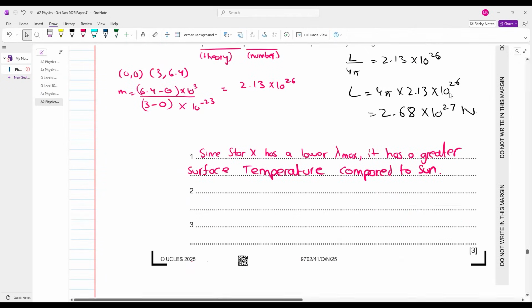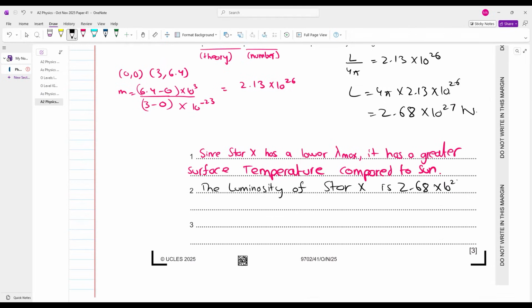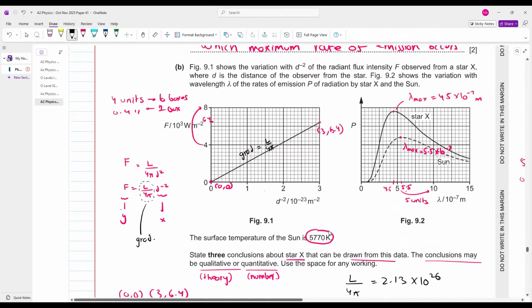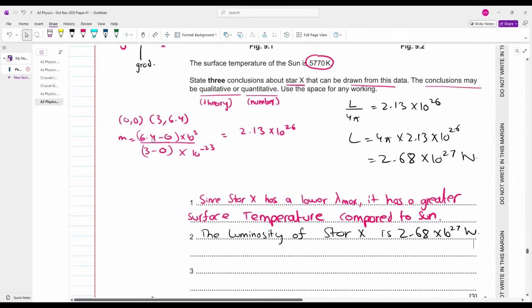You can say the luminosity of star X is 2.68 times 10 raised to the power of 27 watts. Now I think I will have to rearrange everything to create some more space and show you guys the third conclusion.